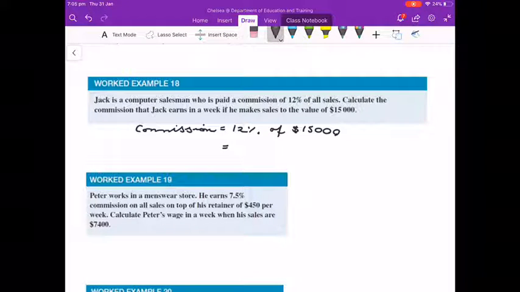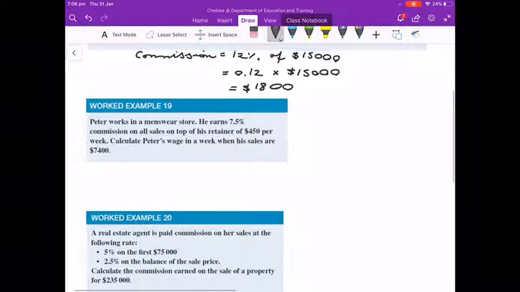How do we find 12%? We divide by 100, and that gives us a decimal of 0.12. Of means multiply. Now, Jack earns $1,800 commission. Let's move along.